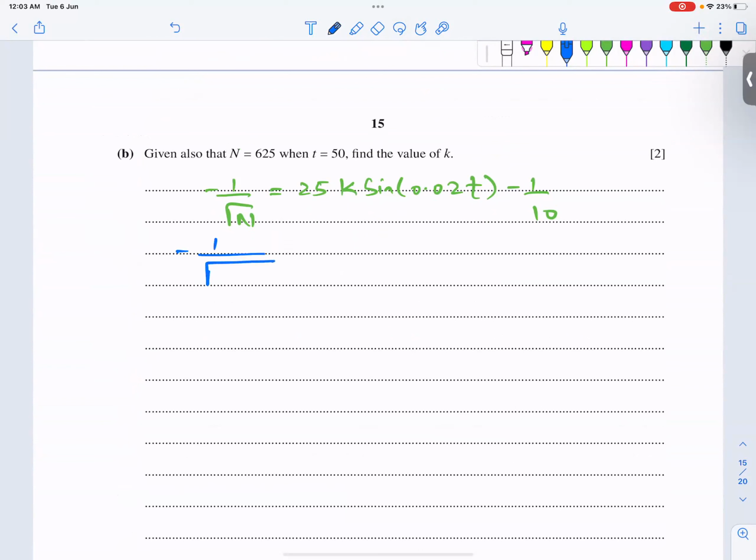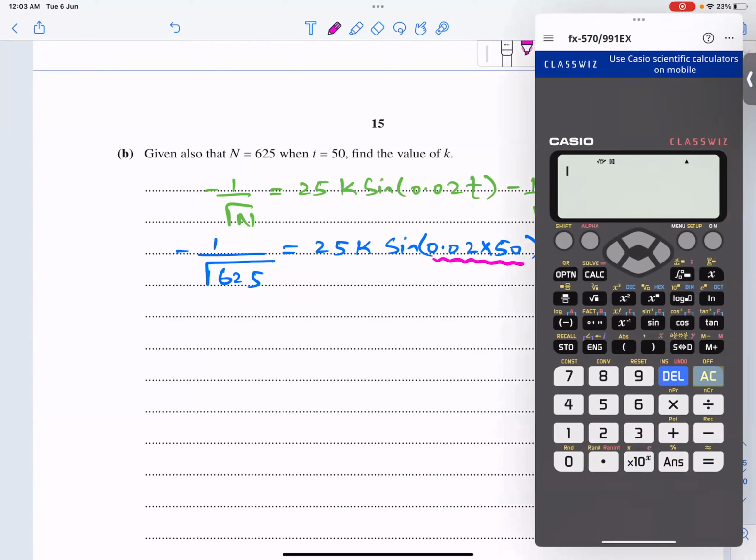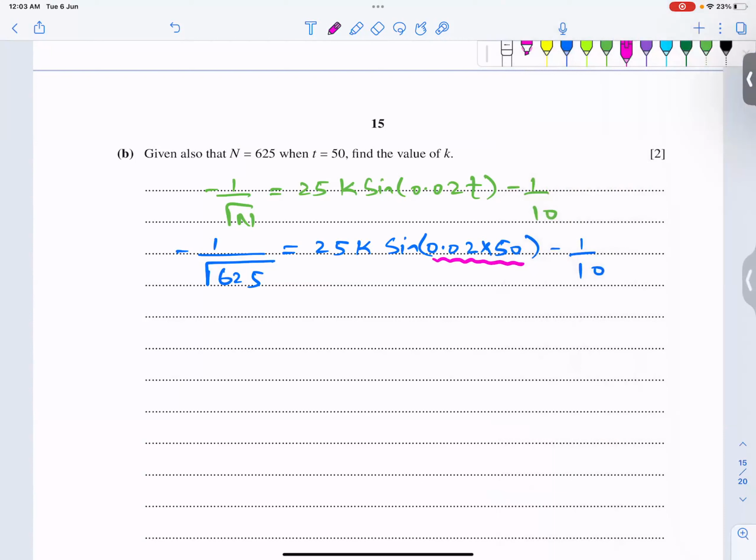So we will have minus 1 over square root of 625 is equal to 25k sine of 0.02 into t, that is 50, times 50, minus 1 over 10. If you use the calculator and multiply 0.02 with 50, you will just get 1, okay? And the square root of 625 is just 25, okay?